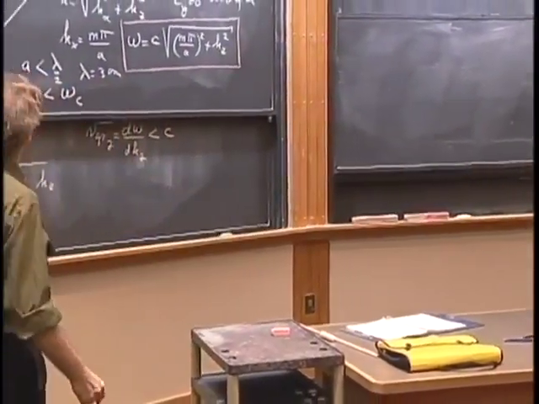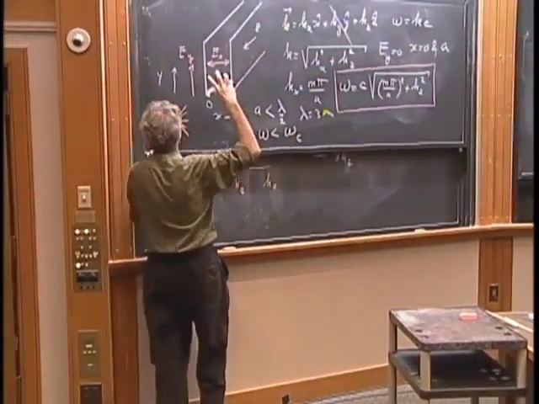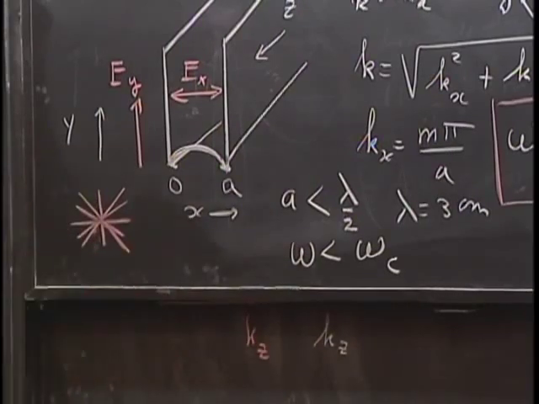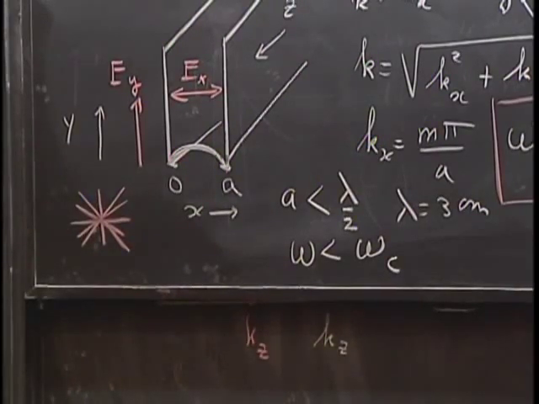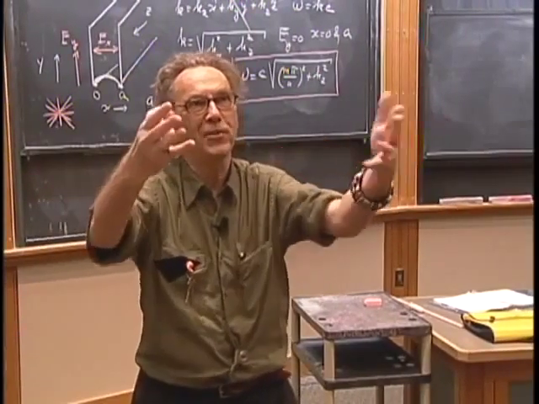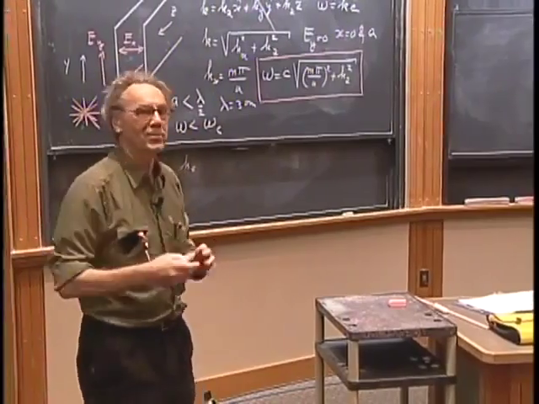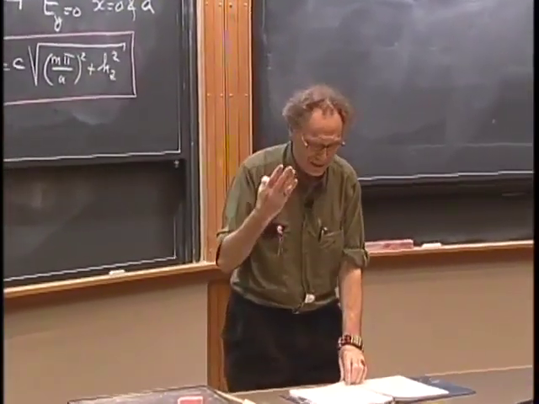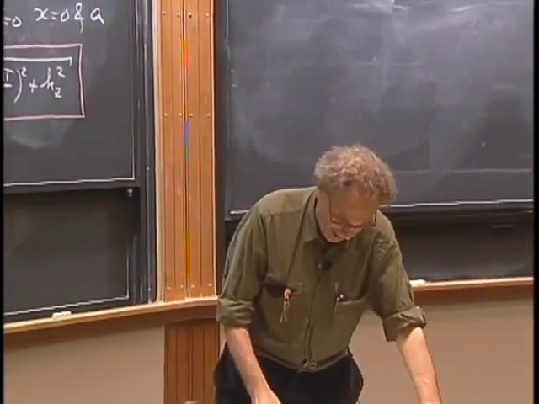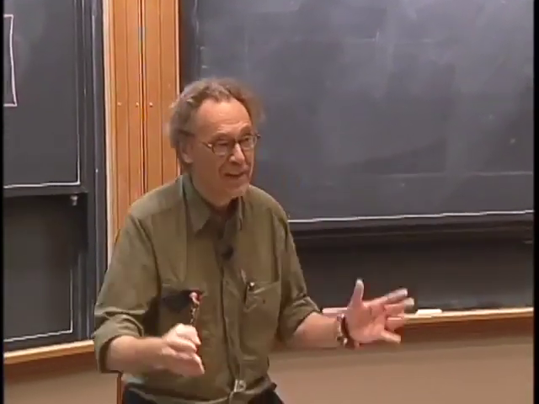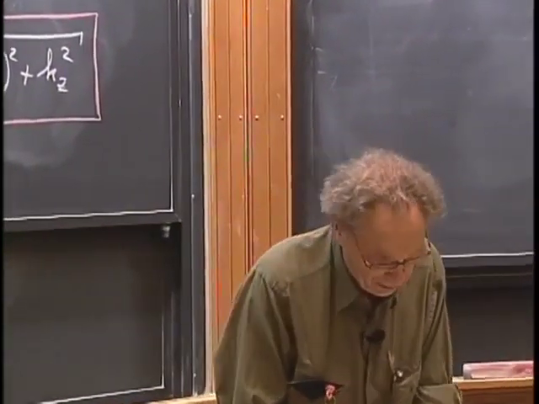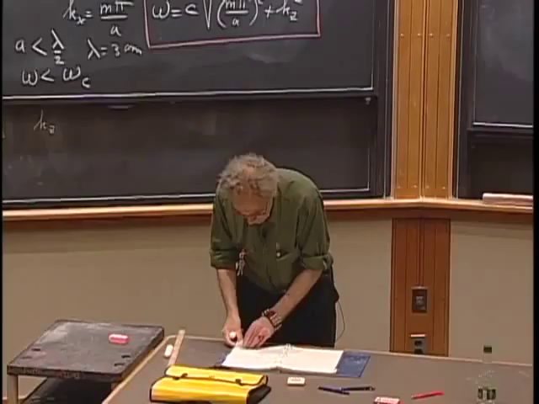So if you could manage to get unpolarized radar going into this direction, and you make a smaller than lambda over 2, all components in this direction are killed, only this component can go through. And so you have created at the other end linearly polarized radiation. I realized after I gave that lecture how cute that is, that this is a way in principle that you can create linearly polarized radiation simply by squeezing it through a very narrow opening, a very narrow tunnel, so to speak.